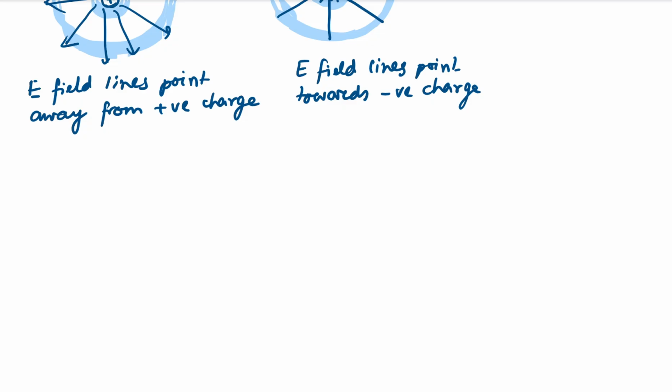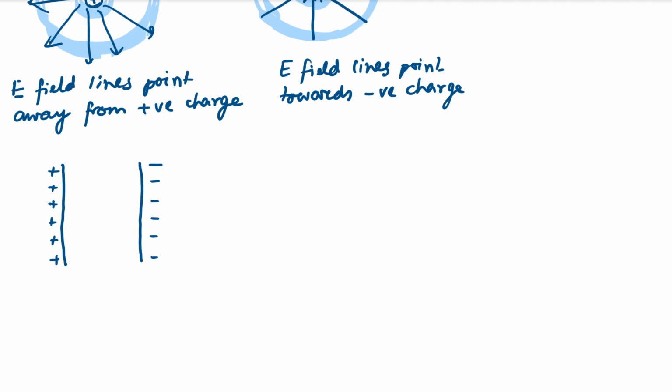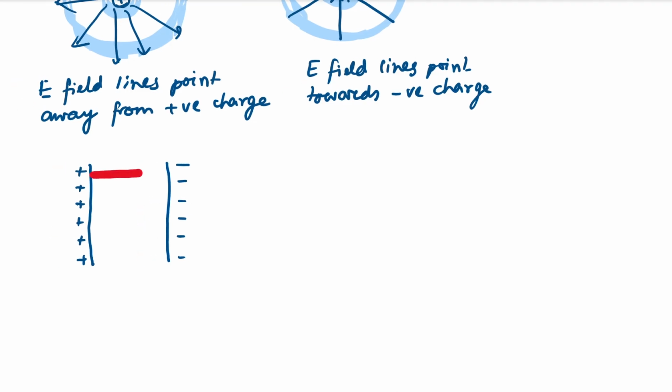So if you have not a single point charge, like a positive charge or a single negative charge, but instead you have two metal plates, and we have put positive charges on one of the plates by connecting it to the positive terminal of the battery, and the same amount of negative charge on the other plate by connecting it to the negative terminal of the battery. Then it sets up an electric field in the area between the plates, and this electric field is drawn as lines pointing from the positive charge plate to the negative.